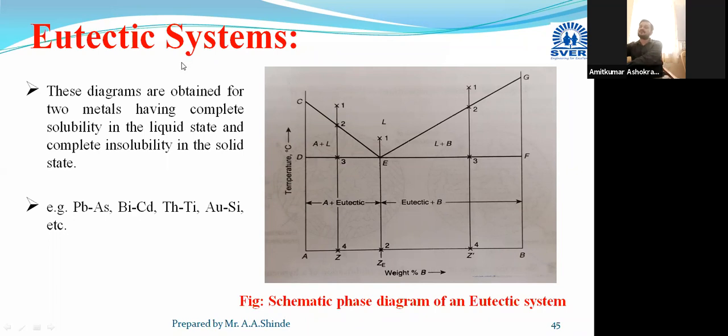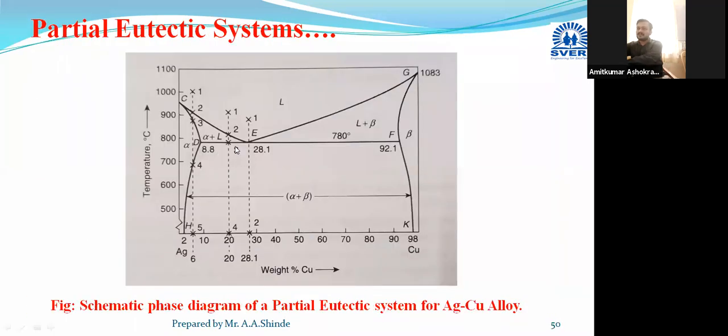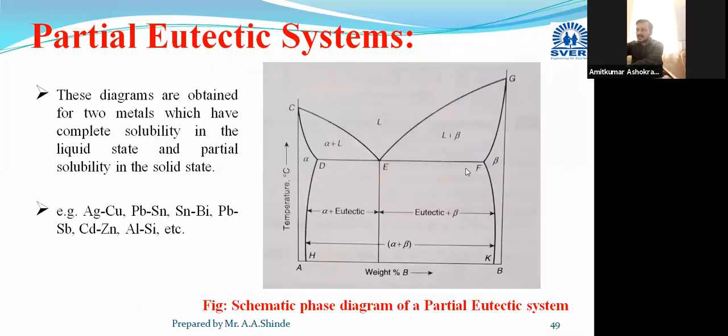eutectic system. Then in the partial eutectic system, now in this diagram, this is one part of the diagram, and this is another part. At this specific point, the microstructural changes will be different.